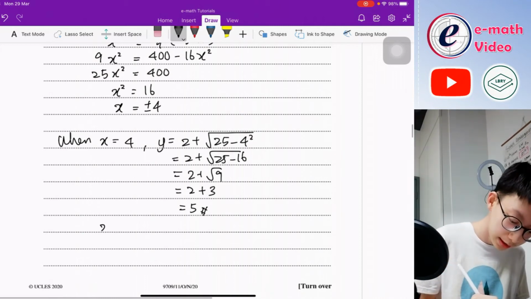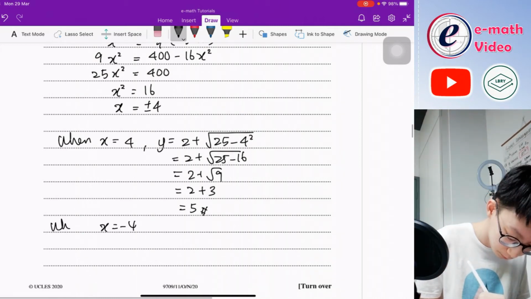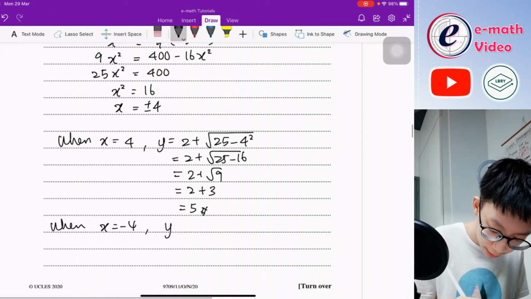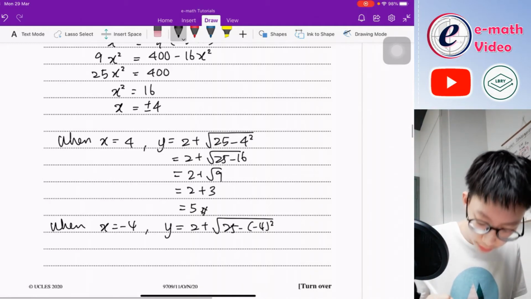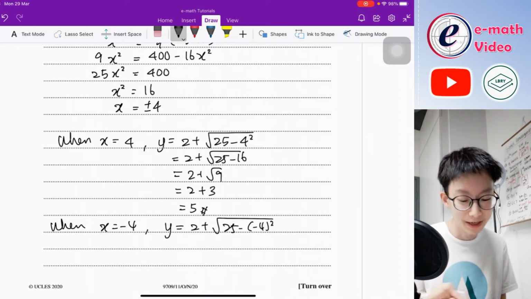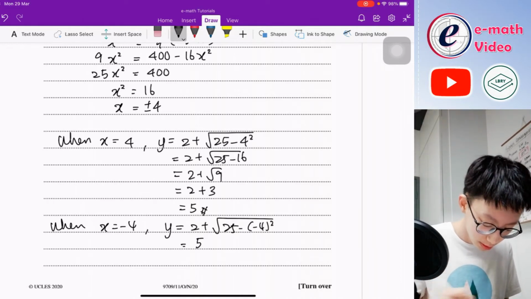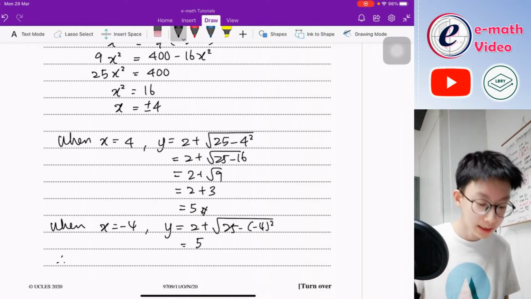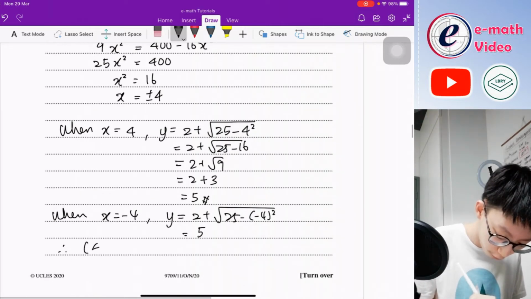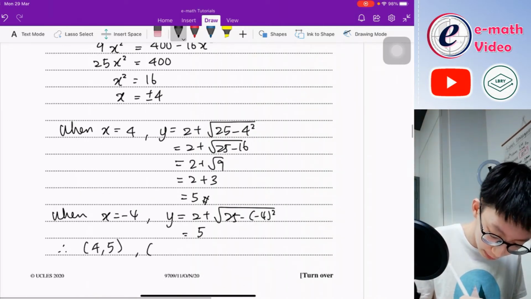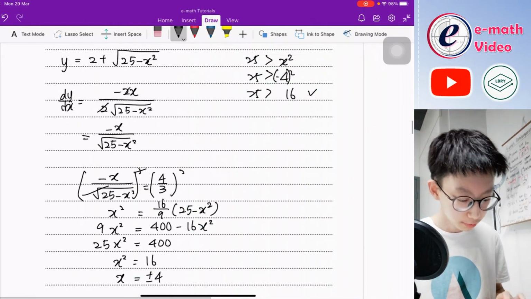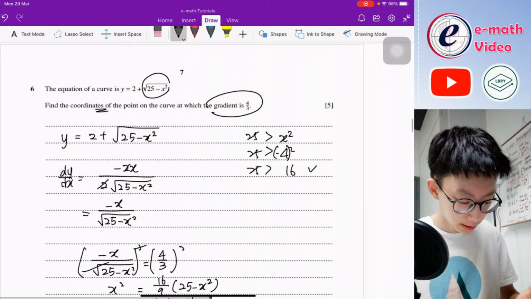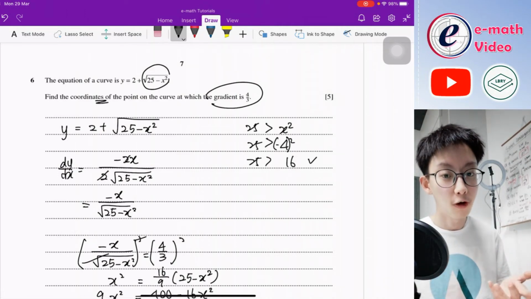And when x equals negative 4, y equals 2 plus the square root of 25 minus 4 squared. You know that this is actually the same, right? It's still 16, so it's equal to 5. Therefore, the coordinates are (4, 5) and (negative 4, 5). This is when the curve has a gradient of 4 over 3.